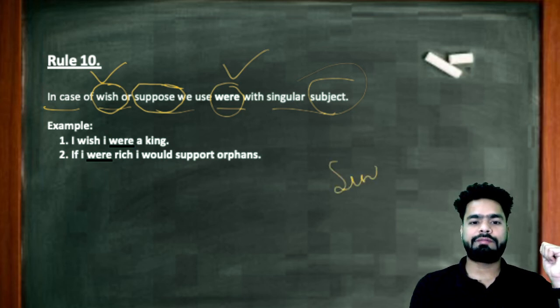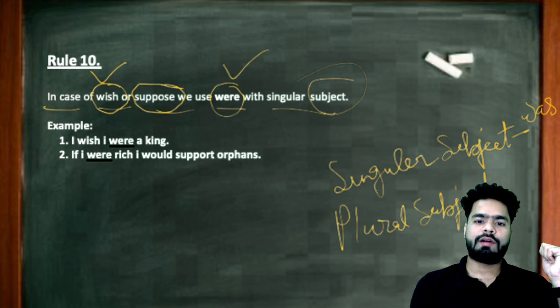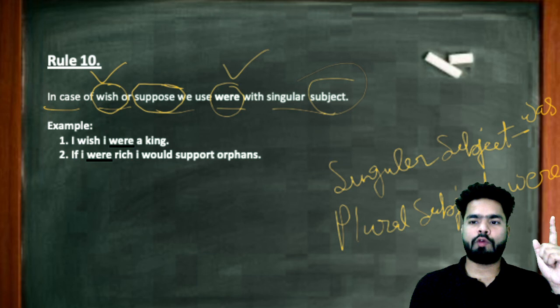With a singular subject we use was, and with a plural subject we use were.